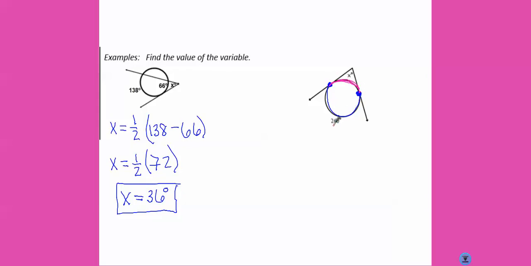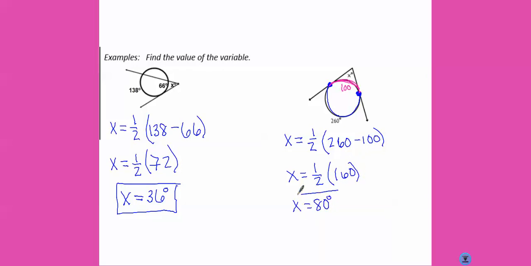So if the major arc's 260, that leaves 100 for our small arc. So X would equal 1/2 times 260 minus 100. So it would be half of 160, which means that X must be 80 degrees.